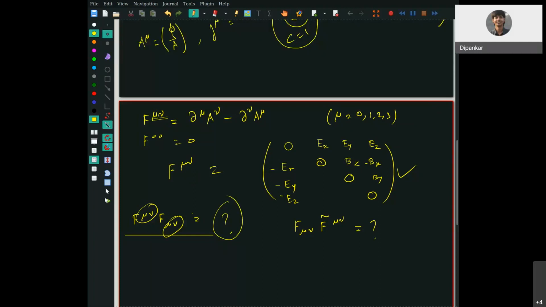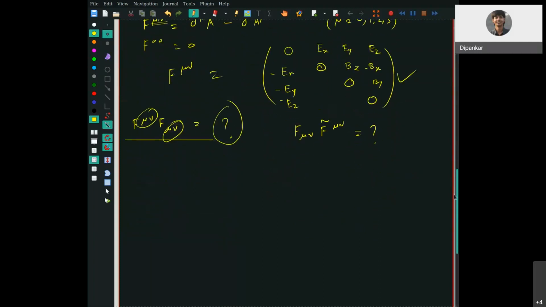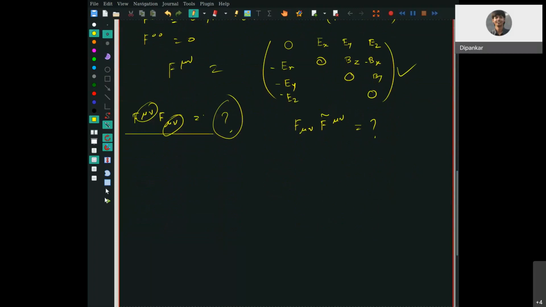The idea is whatever you find here would be invariant under Lorentz transformation, and that would be extremely useful in guessing some results. Let me give you some flavor of electrodynamics that perhaps you have not thought about in your courses. If you calculate F mu nu F mu nu, you will get E squared minus B squared times some constant, maybe 4 or 2, I think it's 4.